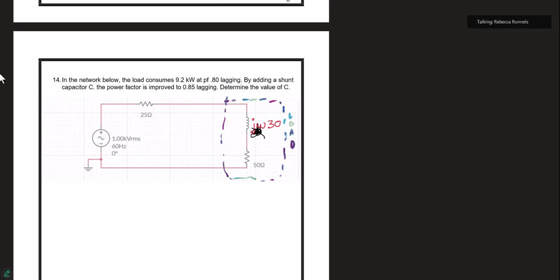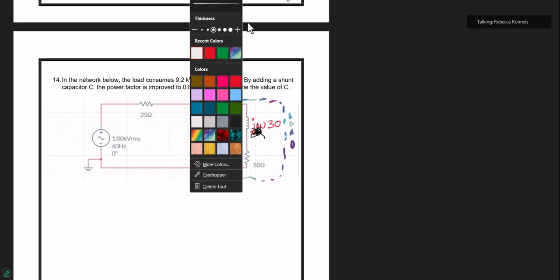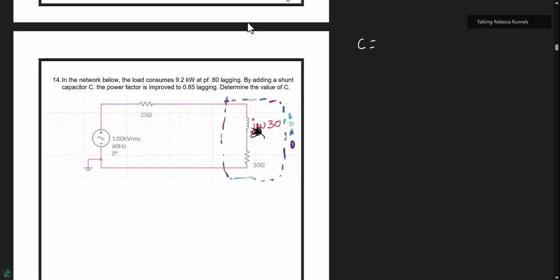So we know from those formulas that I put on the front that the value of our shunt capacitor is going to be Q old minus Q new over omega V RMS squared. Oh, not only do I not have the answer, I made this problem up, so we couldn't end up with something completely ridiculous, like a negative resistance or something.